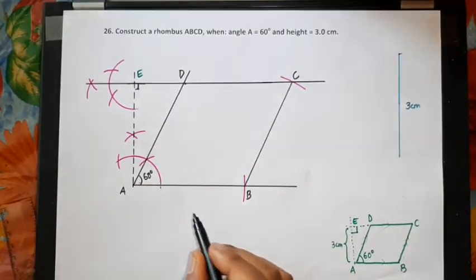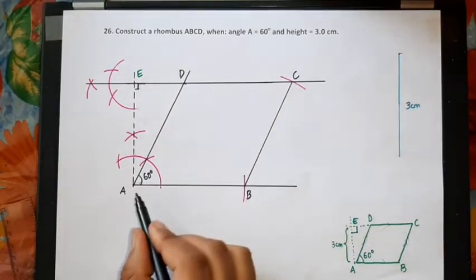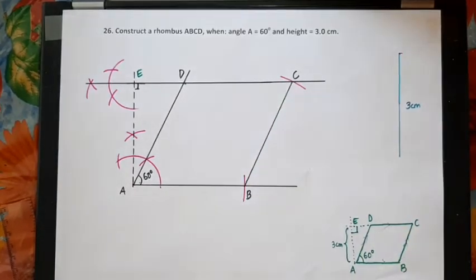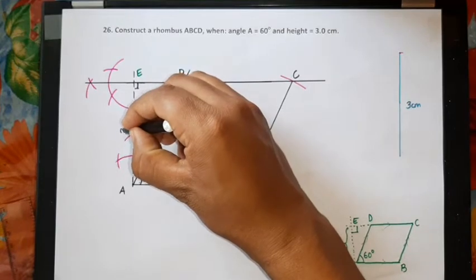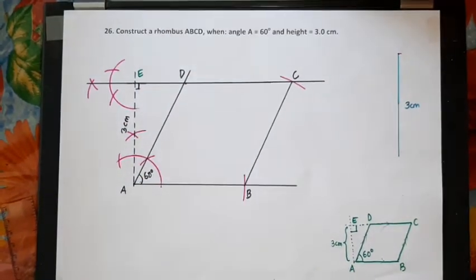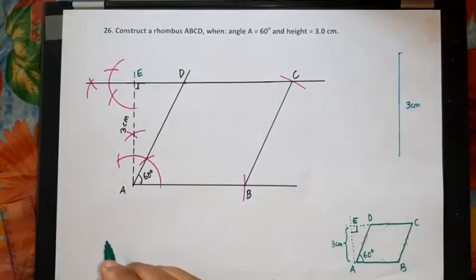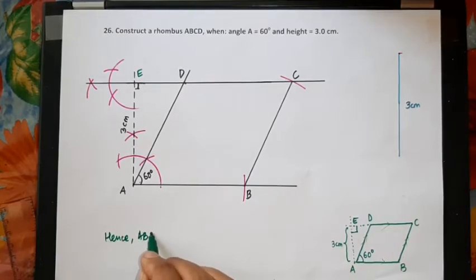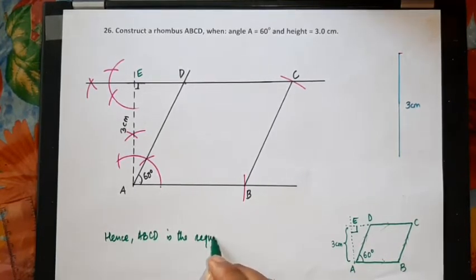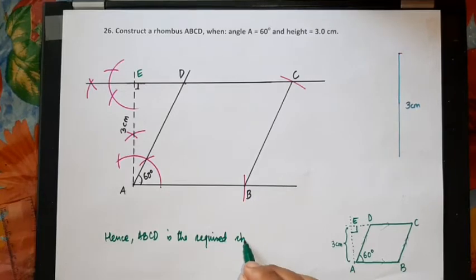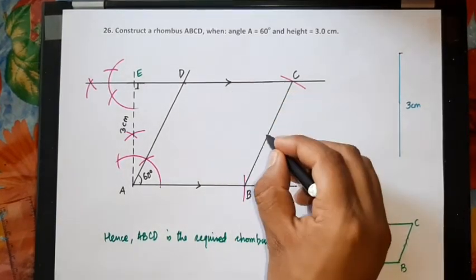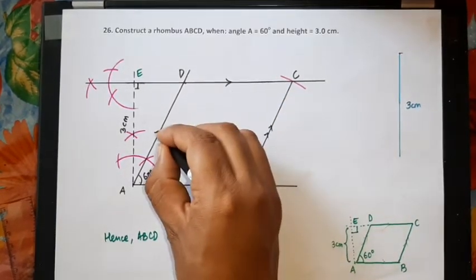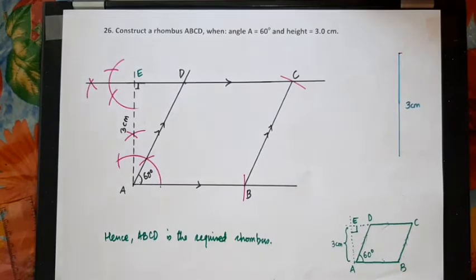This is my 60-degree. This and this are all equal to each other, and this height is equal to 3 centimeter. So at last we'll write... you will mark this as well. Pause the video to note down.